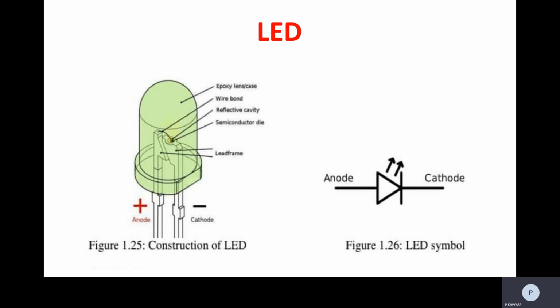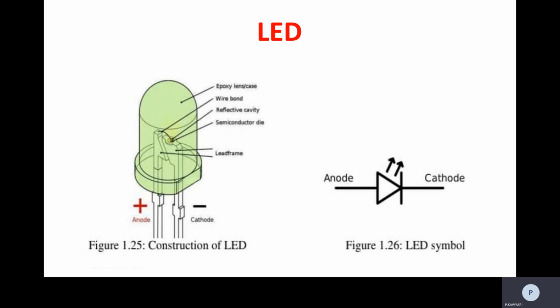If you observe the construction of an LED, it has an anode and cathode. The longer one is the anode and the shorter one is the cathode. It also has lead frames, semiconductor die, reflective cavity, and wire bond, and the upper side has an epoxy lens or epoxy case.